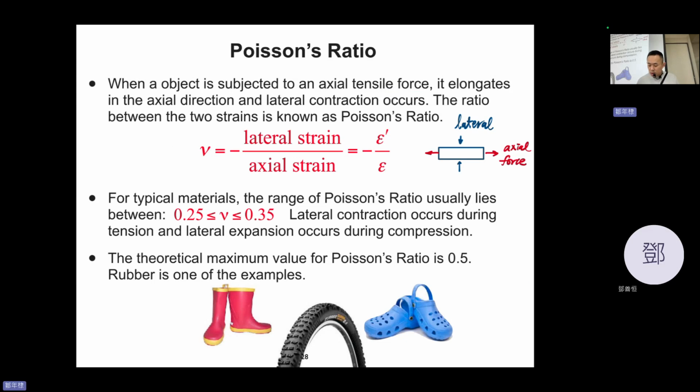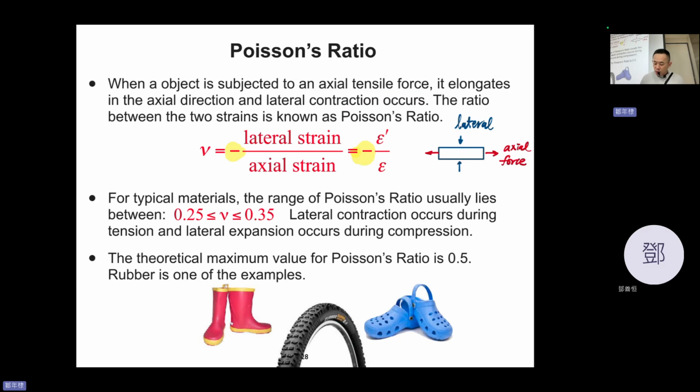So the ratio between the two strains, axial strain and lateral strain, their ratio is Poisson ratio. Okay, the Poisson ratio. And you notice that there is a minus sign on it, right? The reason is that if your axial force is positive, it makes positive strain, but you will always make the opposite side of the strain, lateral strain, shortening, right?